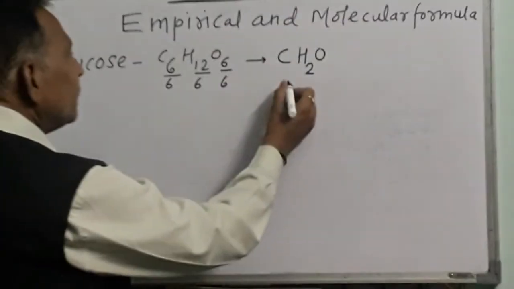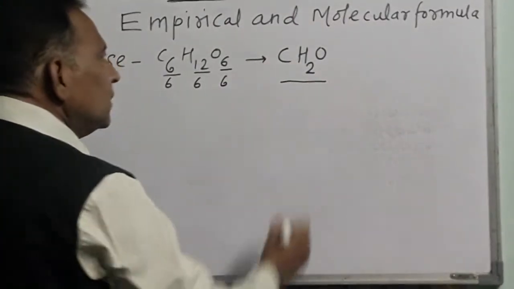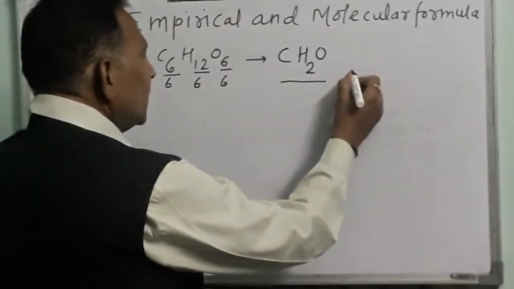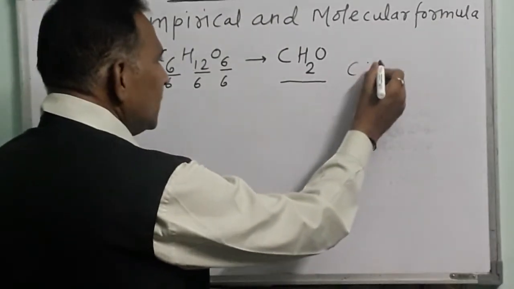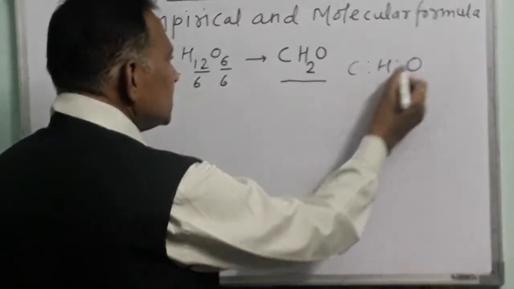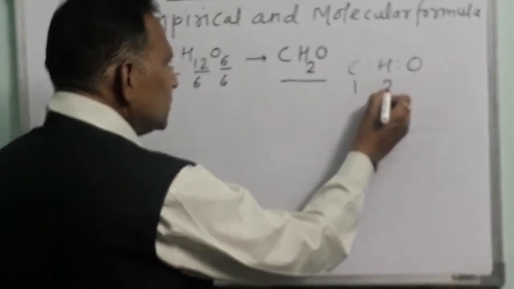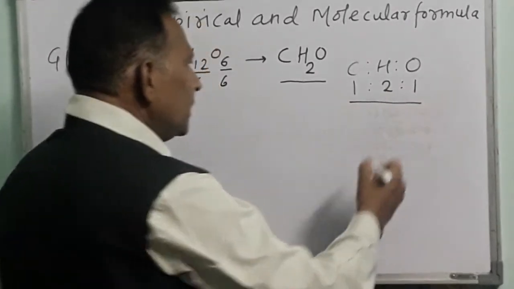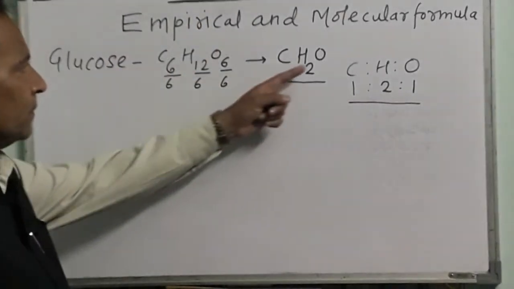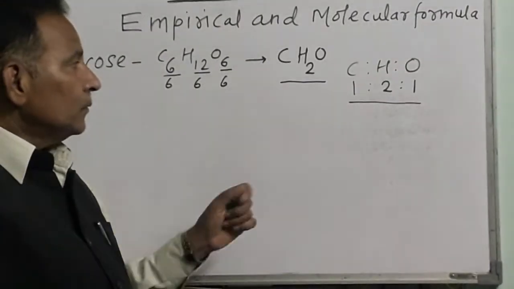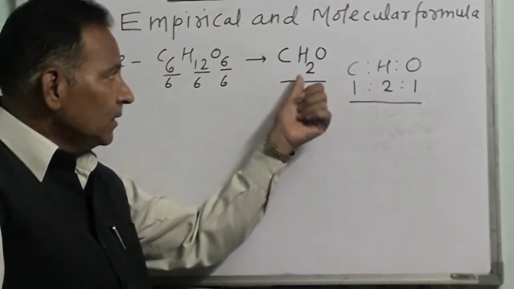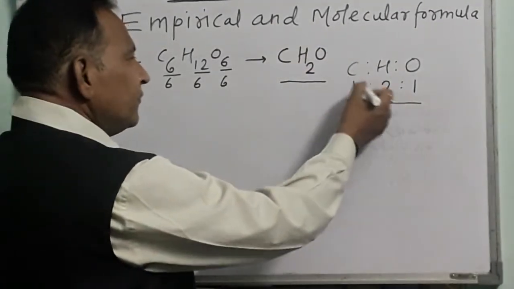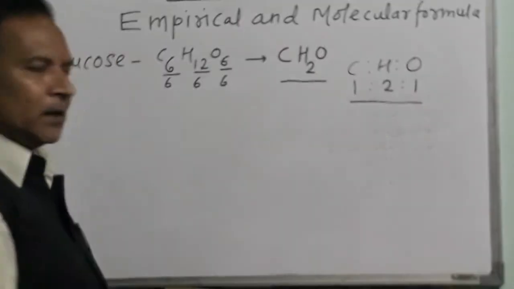This formula gives you the ratio of different atoms in the formula: carbon to hydrogen to oxygen is 1 is to 2 is to 1. This is called the empirical formula of the compound. If the empirical formula is known to us, we can write the ratio of different atoms present in the molecular formula.